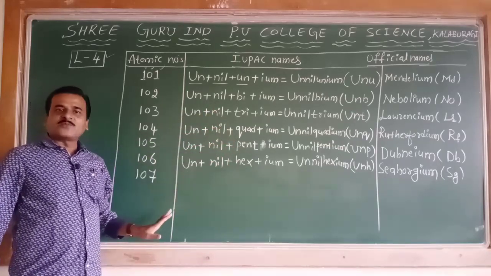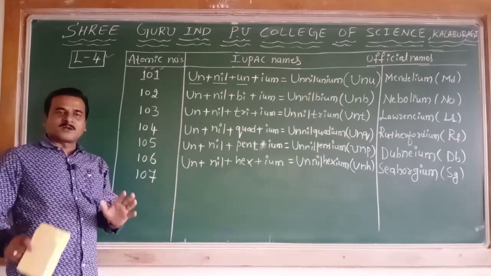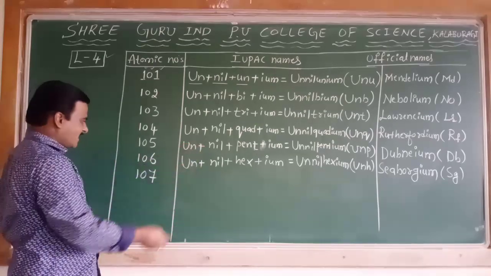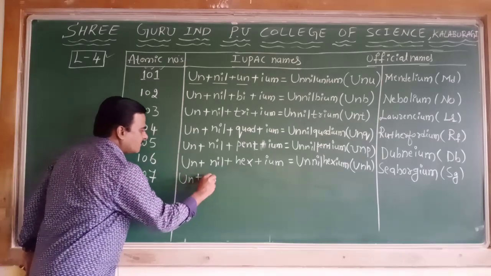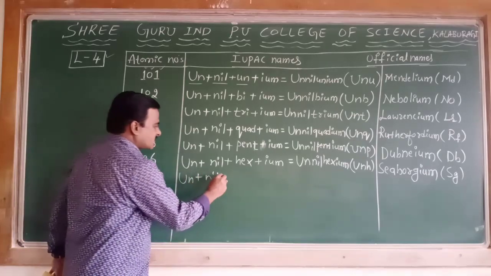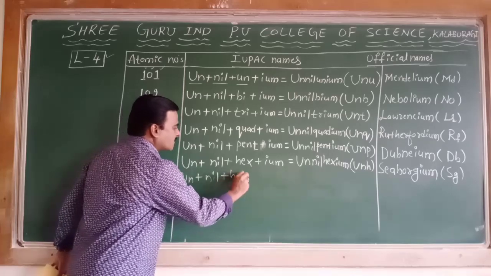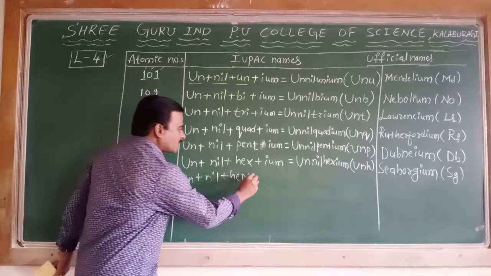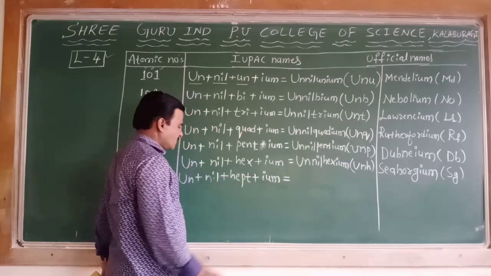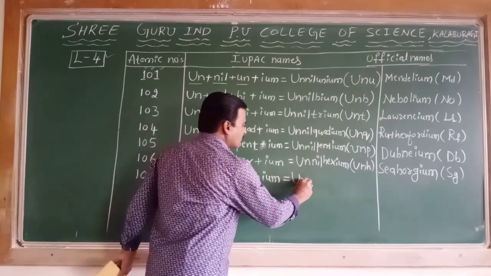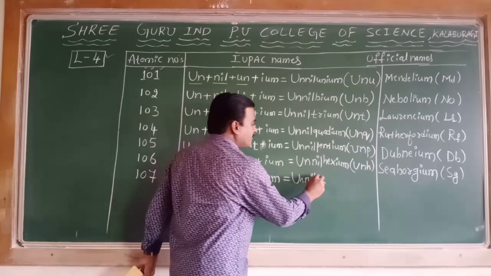Thus you will get the IUPAC name along with the symbol. For 107 you can write un plus nil plus hept plus ium. This is unnilheptium.